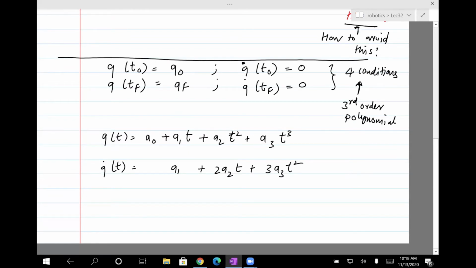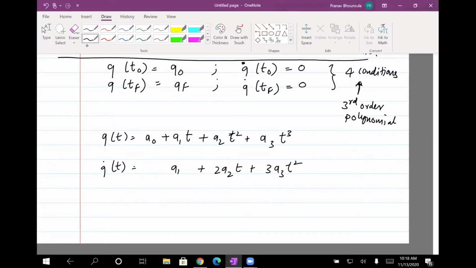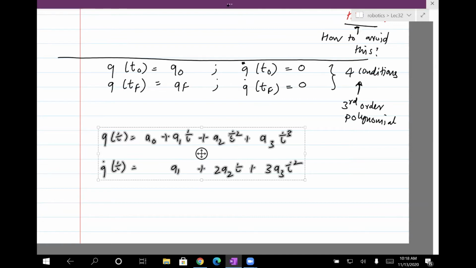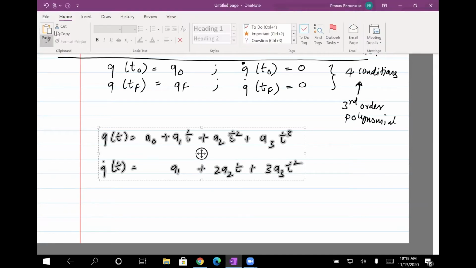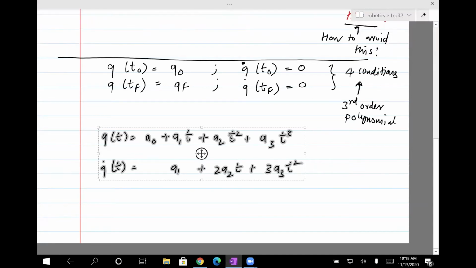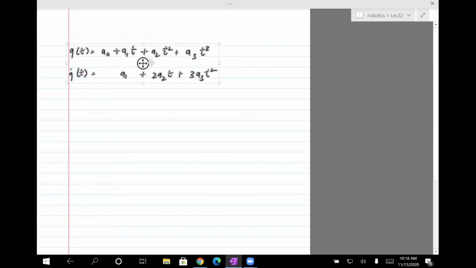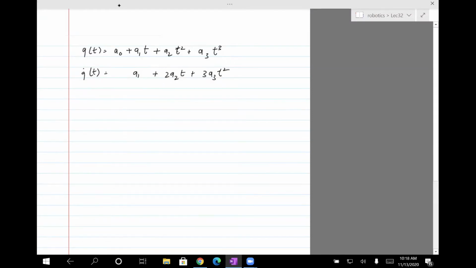And next I will sub in these four conditions and get four equations. Let me do that on the next page. Let me copy this. Okay, so this is for reference.